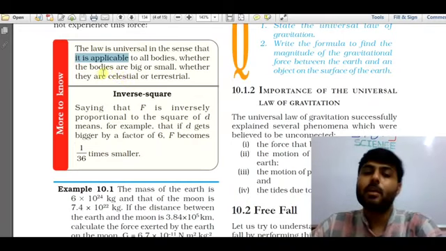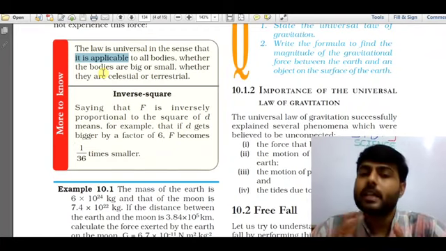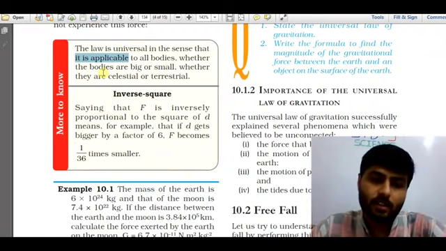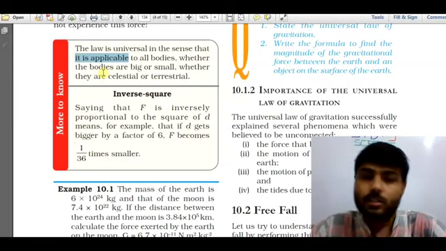It is applicable to all bodies, big and small, celestial and terrestrial. That's why we call this law a universal law.